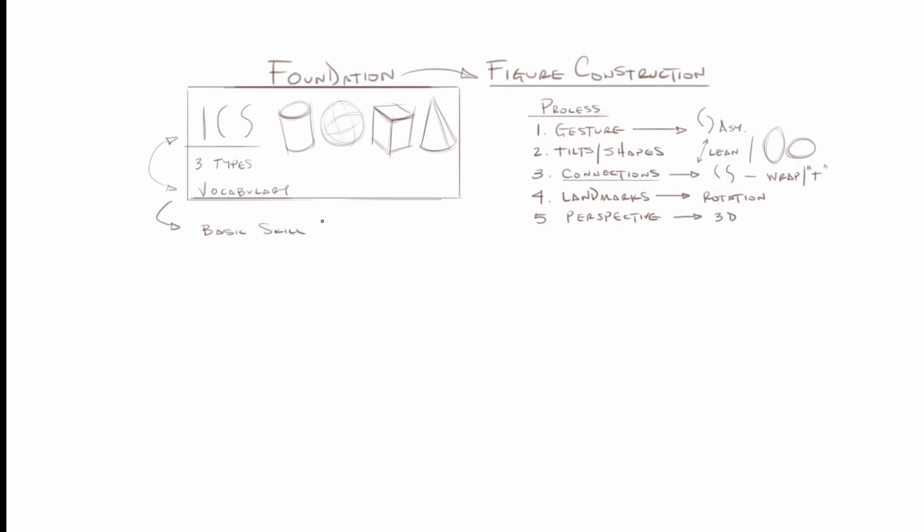So what are a couple of practices or exercises that you could do to really pinpoint the use of form and how they're combined to show a more realistic feeling figure? And so what we'll talk about there will be form intersections.